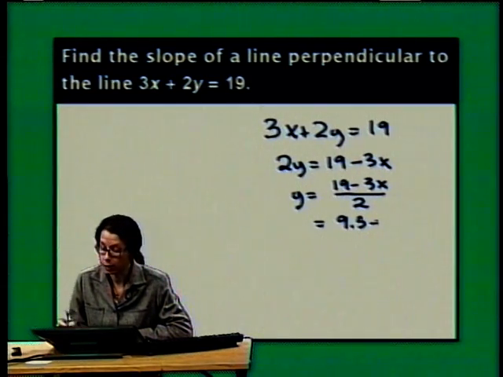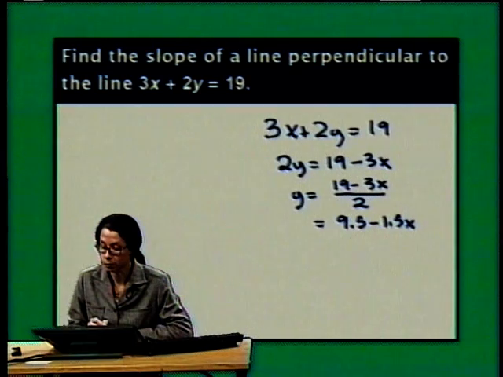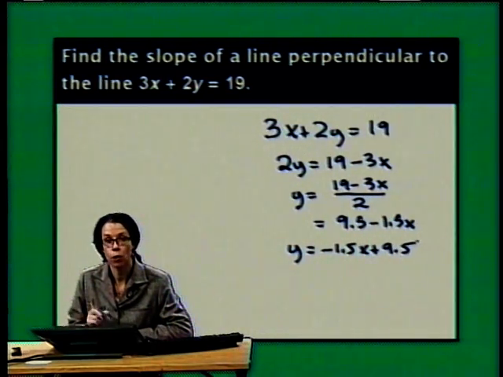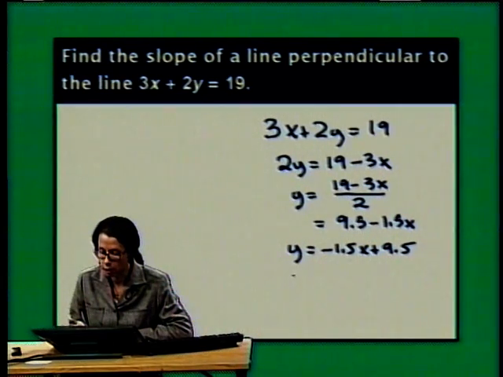And 3 divided by 2 is 3 halves, or 1.5. So there's a couple ways I can write this equation. I can put the negative 1.5x plus 9.5, or if I'm thinking about rise over run, I might want to work with fractions.